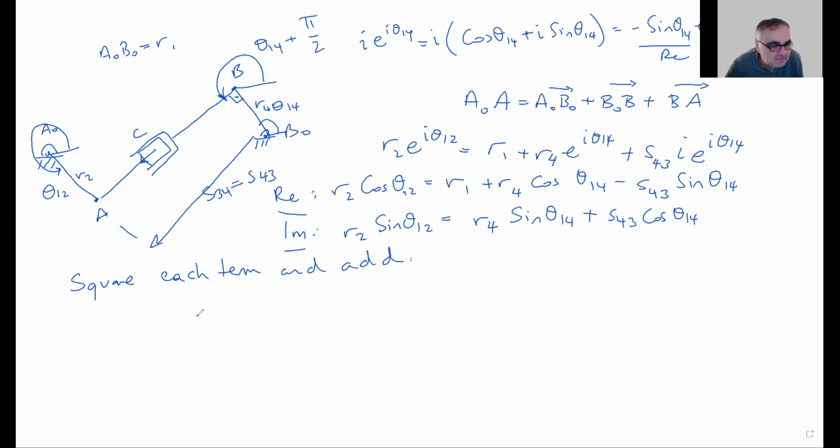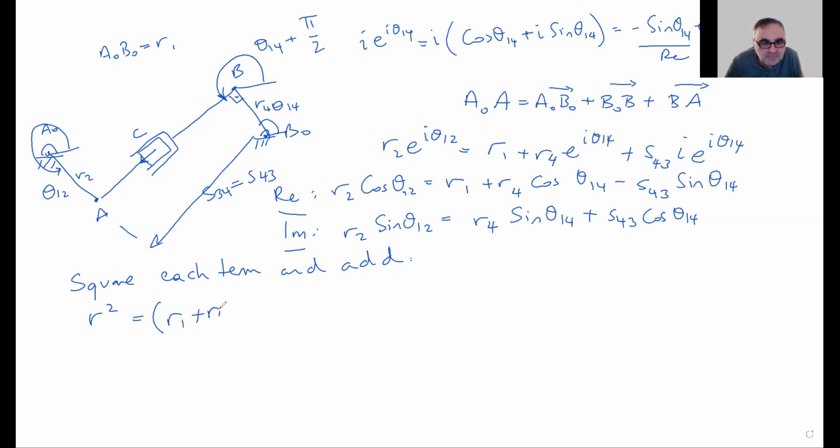And if you do that, you will get R2 cosine theta 1,2 squared plus R2 squared sine theta 1,2 squared, but cosine squared plus sine squared of theta 1,2 will give you a 1. So you will get R2 squared equals all these things squared.